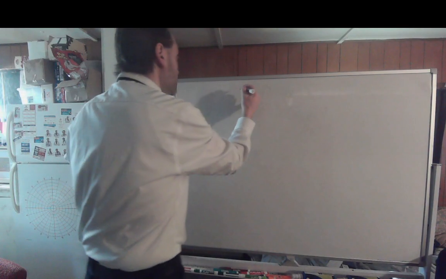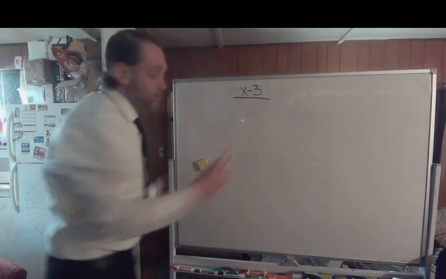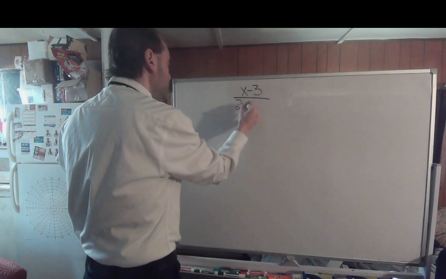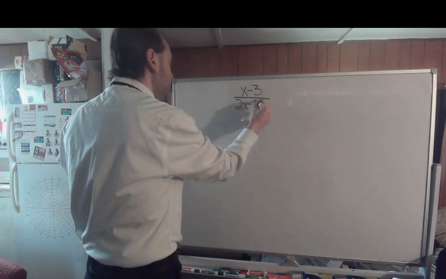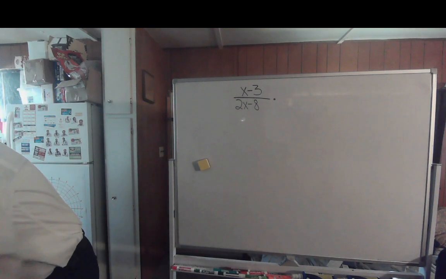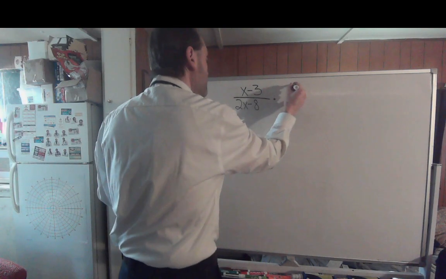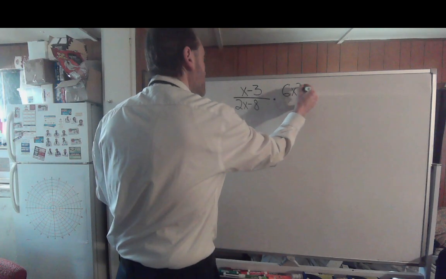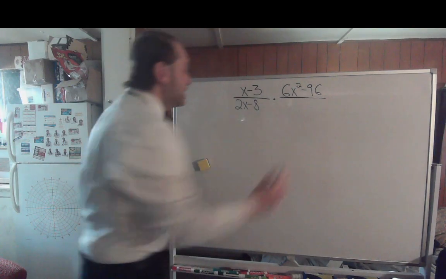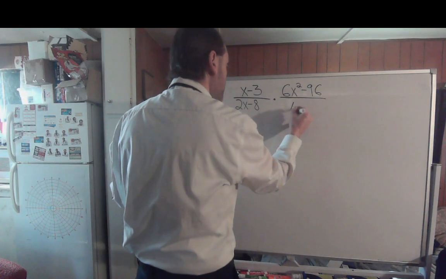So the next one, we have x minus 3 divided by 2x minus 8, all that times, let's see, 6x squared minus 96 divided by x squared minus 9.